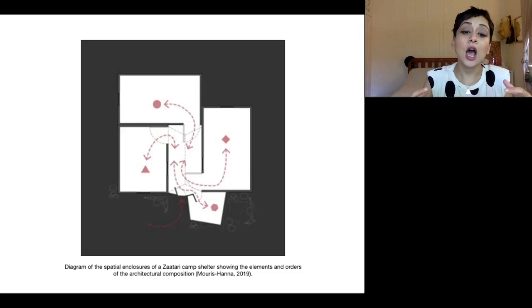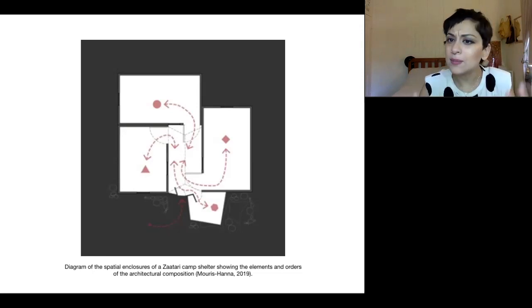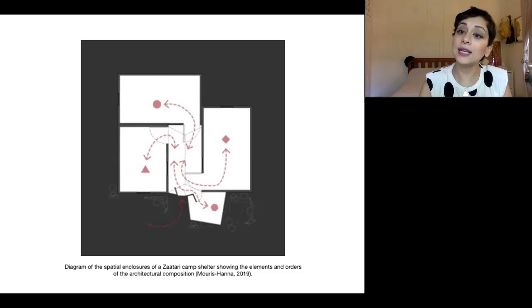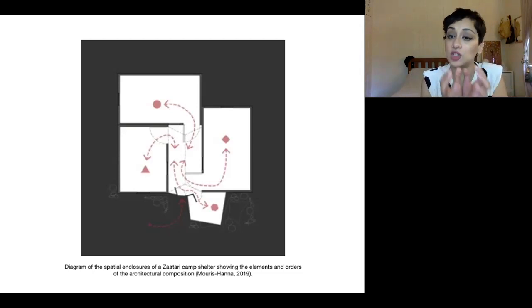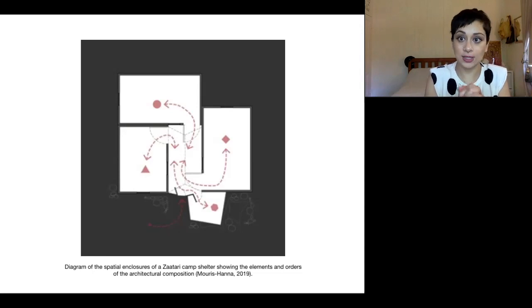And the reason I chose this definition in particular is that we might get stuck at the surfaces because they look chaotic, they're added over time. It might look like a slum or informal design, but when you look at the spaces and their arrangement and the space syntax within those transformed shelters, you would find that there is a clear pattern that creates architecture in the most unusual of places.